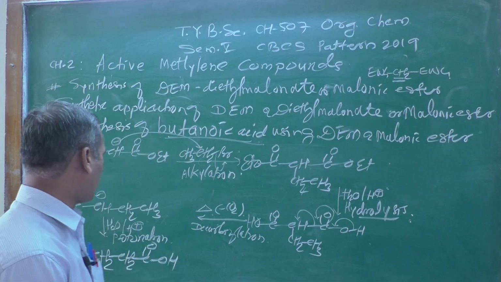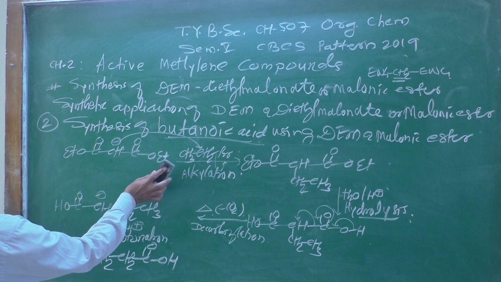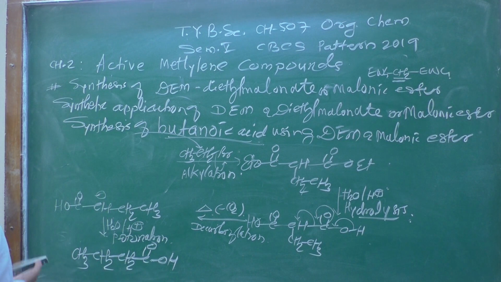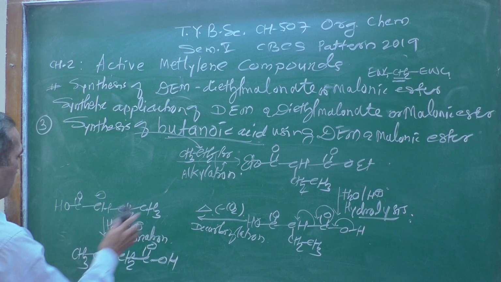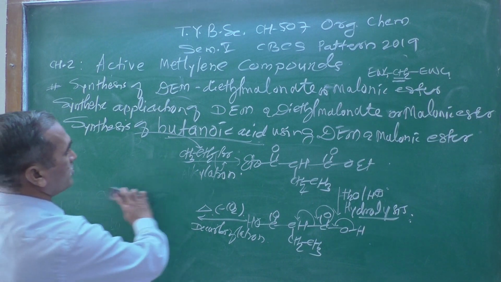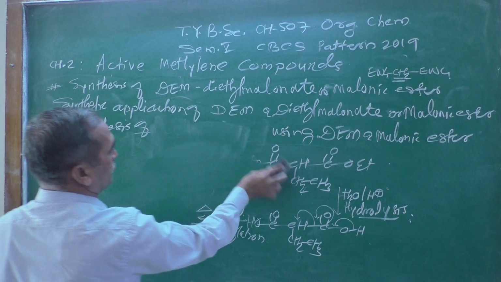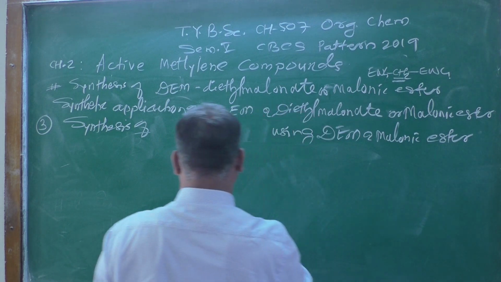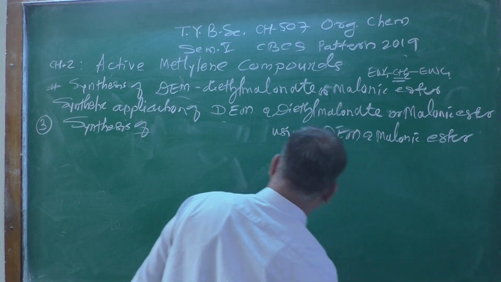This will be the second application of diethyl malonate or the malonic ester. Now let us discuss the next application, application number 3. Here I am making a correction in the third application.